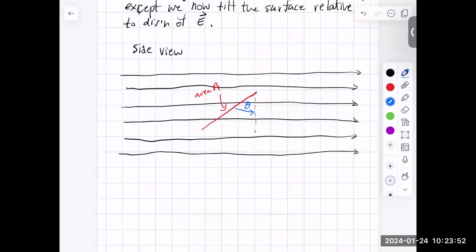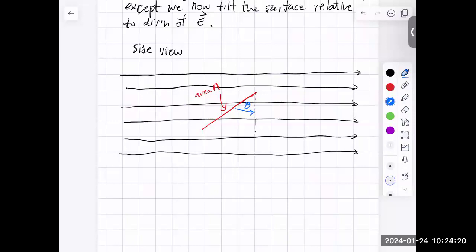All right, just looking at this picture, in the first picture, when the surface was perpendicular to the electric field, there's 4 lines going through it, and we could say the electric flux is proportional to 4. Now we have only 2 lines, so we have half the flux. But without having to look at a picture and count lines, how could we quantify this?